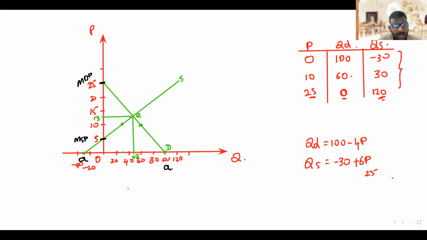These are points you must show. This is the equilibrium point, the equilibrium price, the equilibrium quantity. These are the points that you must show when you are drawing a graph showing equilibrium.